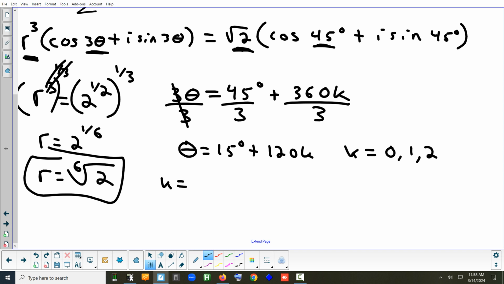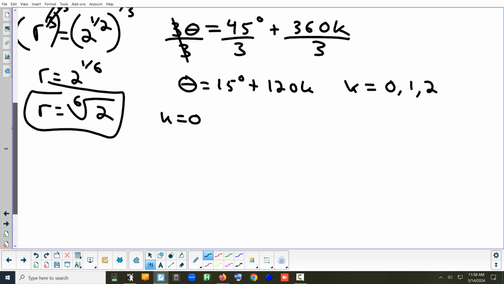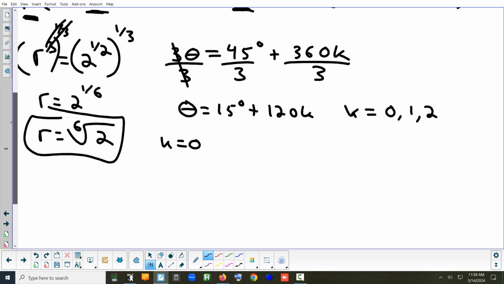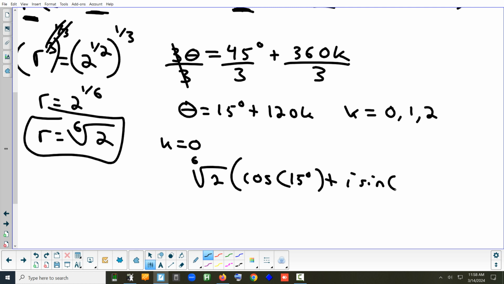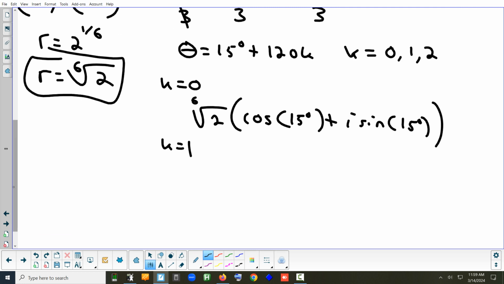Okay, k equals 0. What's my radius going to be in this answer? The radius is going to be the 6th root of 2. And when you plug in 0 for k, what's your angle? 15, I sine 15. That's the first answer. K equals 1. What's my radius?